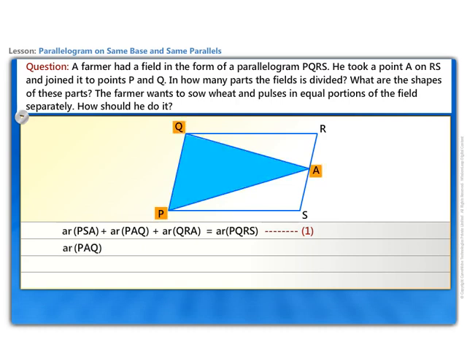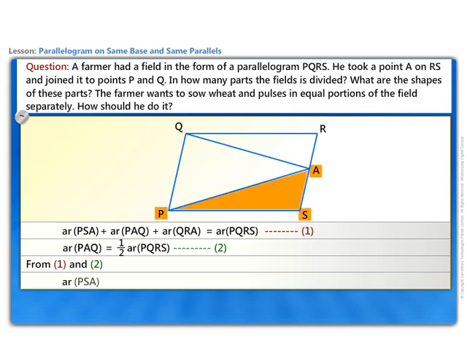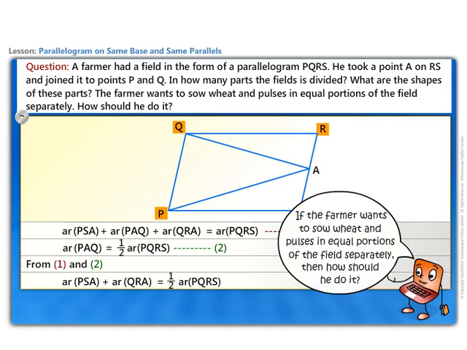So, area of triangle PAQ is equal to half the area of parallelogram PQRS. Let this be equation 2. From equations 1 and 2, we get area of triangle PSA plus area of triangle QRA is equal to half the area of parallelogram PQRS.